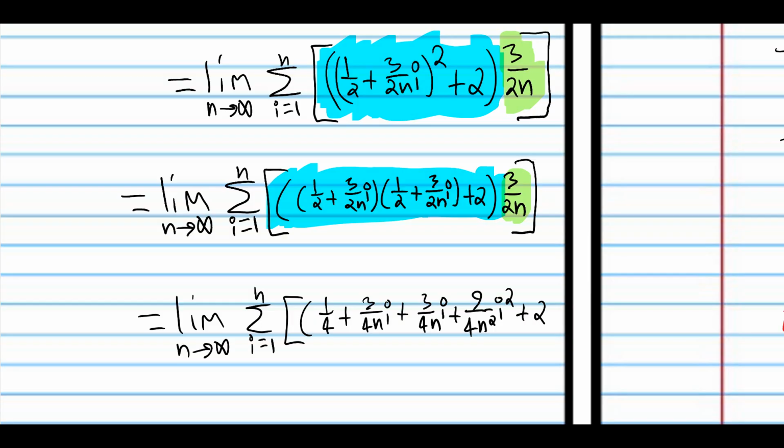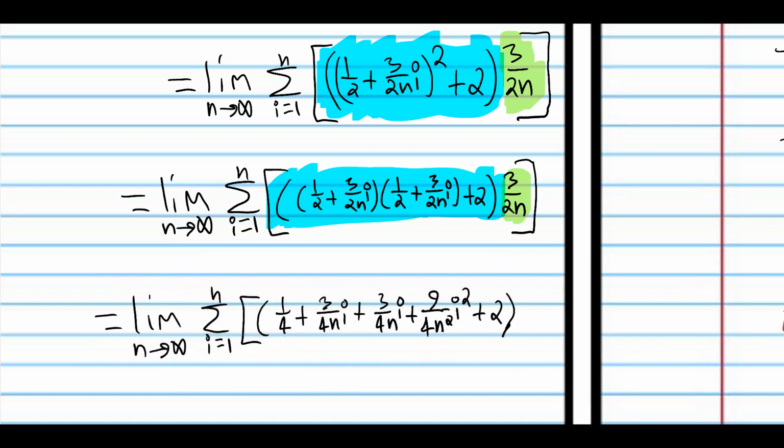Plus 2. And all of that, again, is multiplied by our width. So all of that stuff we just wrote there, that's the height of each rectangle. And then multiplying by the green width.